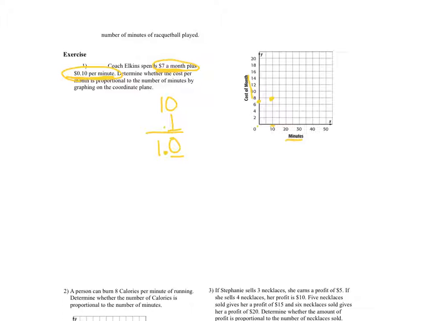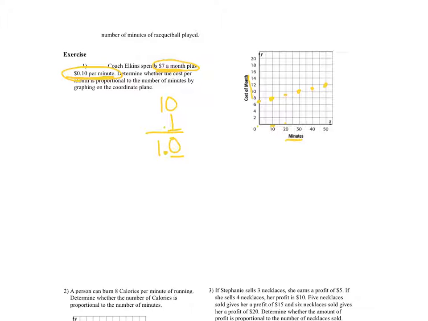At 20 minutes, we would add one more dollar. So we would be at $9. And 30 minutes, we would add another $1 for that 10 minutes, and we would be at $10. And it's going to keep on going up in that continuous pattern, all the way up, okay?